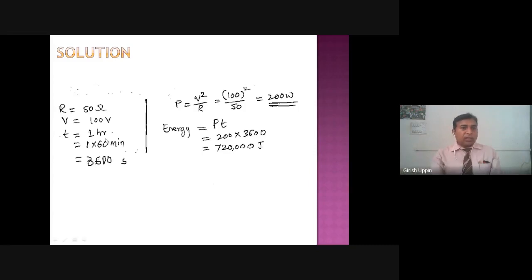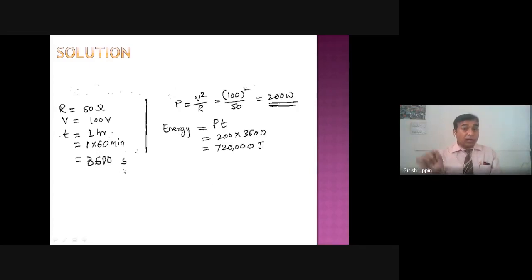So there is nothing wrong if I say, first is power, V square by R, 100 square divided by 50, 200 watt. Now energy, when I am writing the equation for the energy, P into T, P is in watt. T you can choose to keep in hour or in a second.